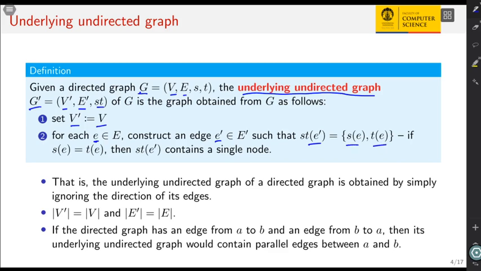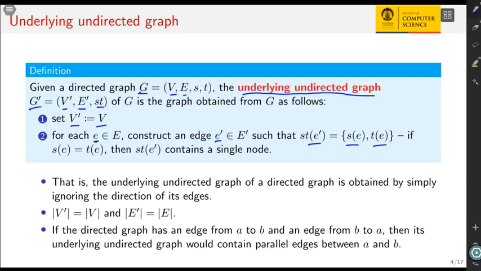That is, E prime would be the undirected version of the directed edge E. Of course, if the source of E and the target of E are equal, that is, the directed edge E is a loop, then st of E prime contains only a single node and it's also a loop.